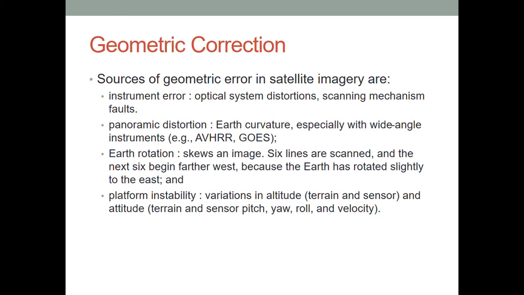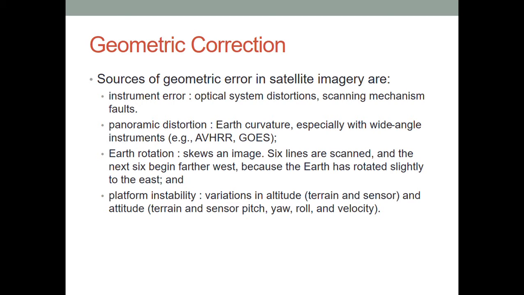So after the satellite scans, the earth moves, and the next scan will be further west because the earth has rotated slightly to the east, since our earth rotates from west to east.